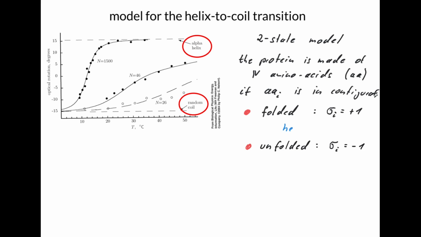For the helical state, we know that the helix is defined by interactions of amino acid i with amino acid i plus 4.